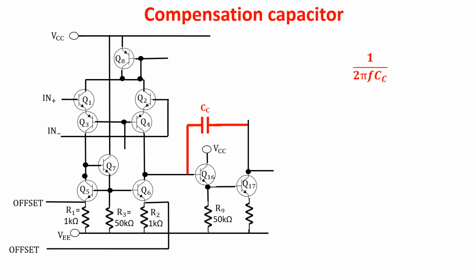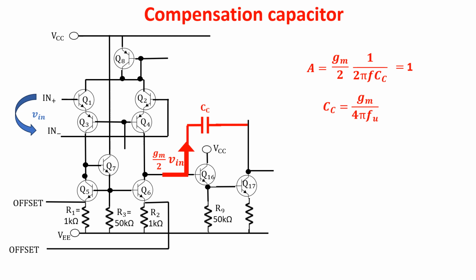So all the gm/2 in current flows through the compensation capacitor. The total gain is now given by gm/2 times the impedance, and this has to be equal to 1. So the compensation capacitor is equal to this, and it is equal in our case to 30 picofarads.